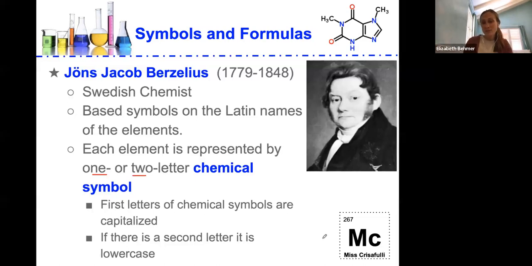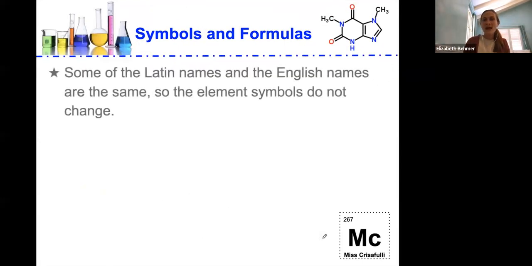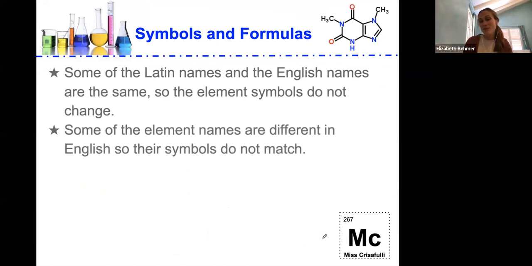But these chemical symbols, again, will be either 1 or 2 letters, usually from Latin names or roots. The first letter will always be capitalized, and the second will always be lowercase. Some of the Latin names and the English names are the same, so the element symbols do not change, but some of the element names are different in English, so their symbols will not match.